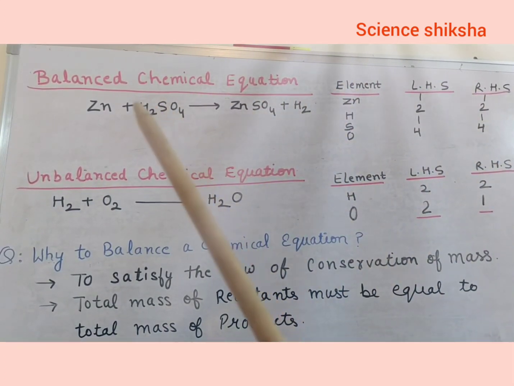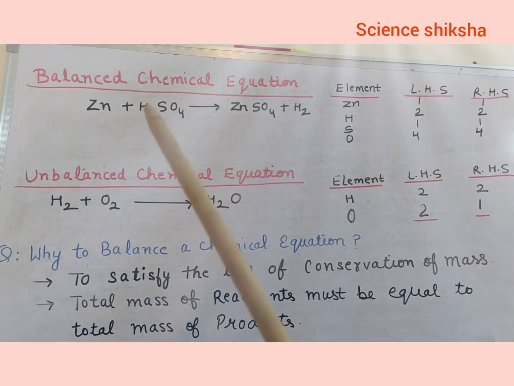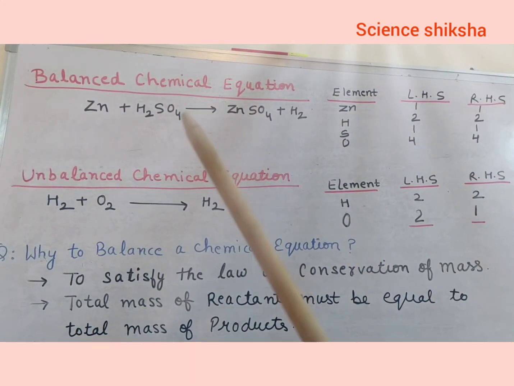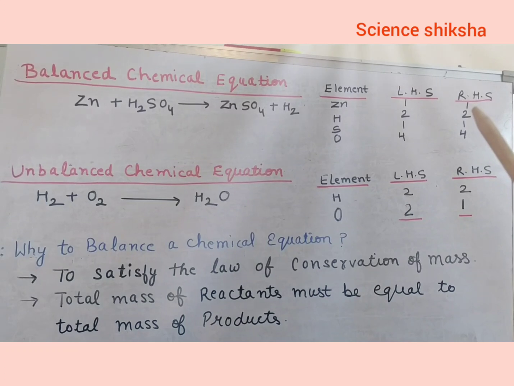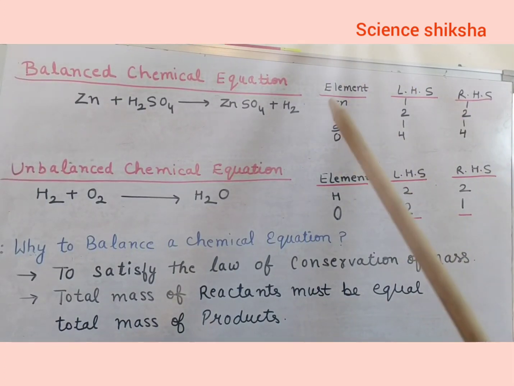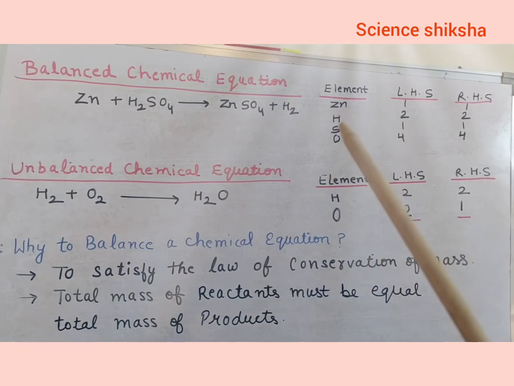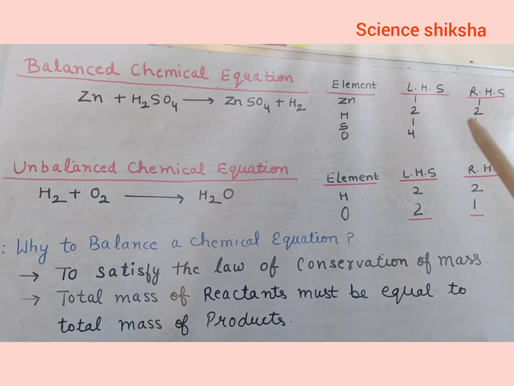So zinc, number of atoms 1 on left hand side, hydrogen 2, sulfur 1, oxygen 4. In the same way on the right hand side, zinc 1, hydrogen 2, sulfur 1, oxygen 4.